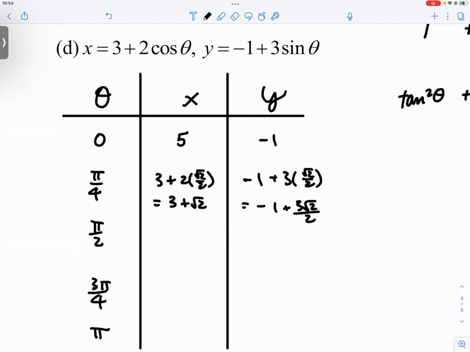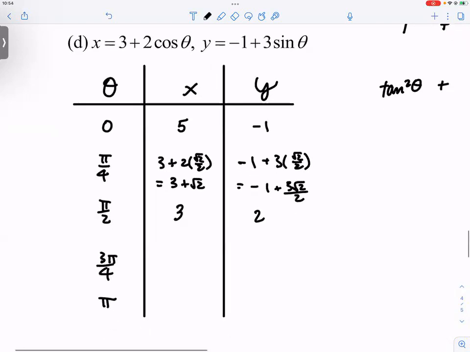What's cosine of pi over 2? 0, right? So that means x is just 3. And sine of pi over 2 is 1, so you have a 2 right here. And then you have 3 minus root 2 for 3 pi over 4, because it's just like the pi over 4, but now it'll be a negative root 2 over 2, so the plus sign changes to a minus sign.